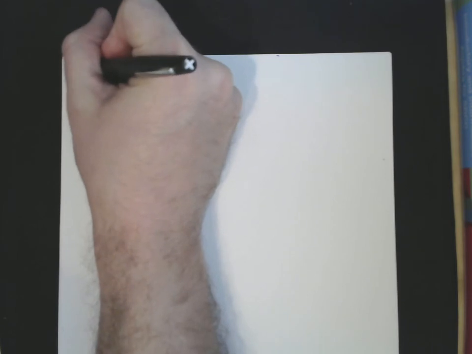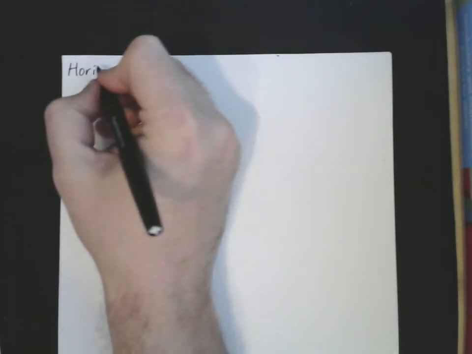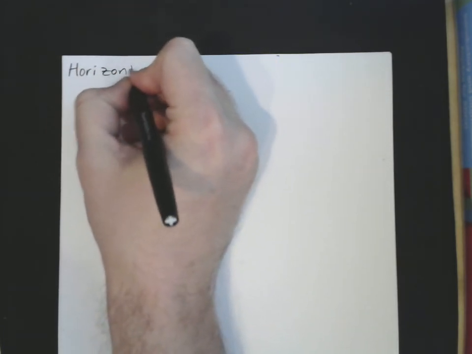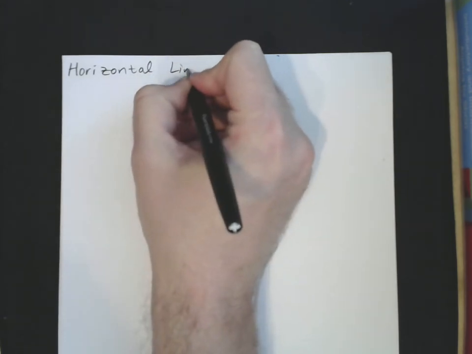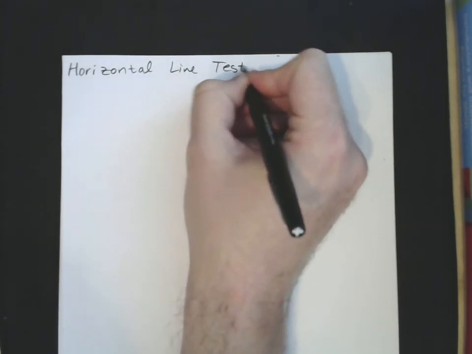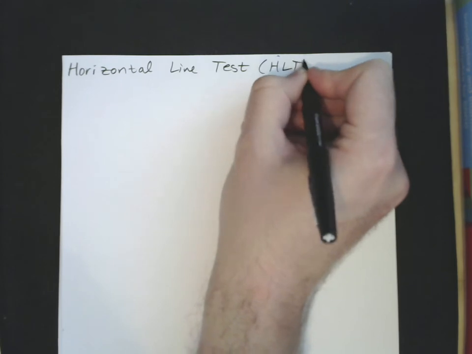So if you have points, you can just look at your y values. But if you don't, the horizontal line test is the best way to test for one-to-one. Horizontal line test, or the HLT.